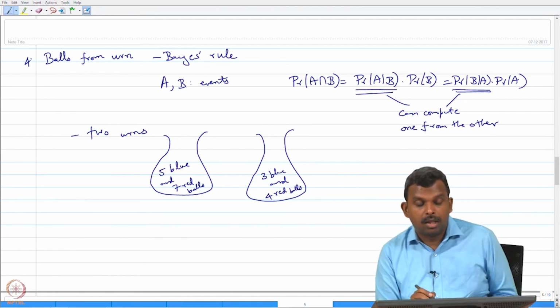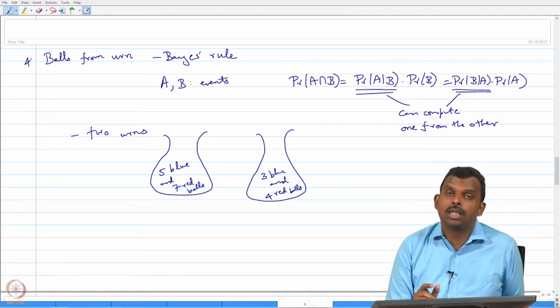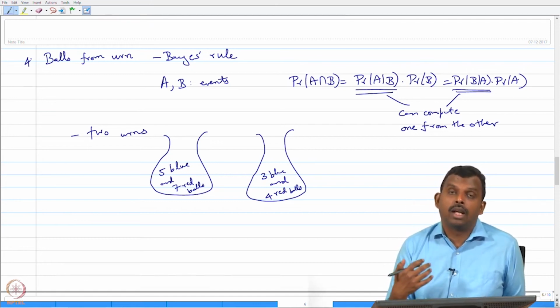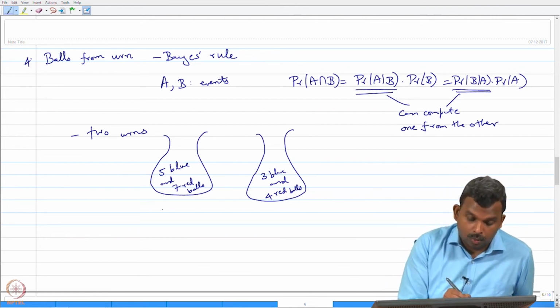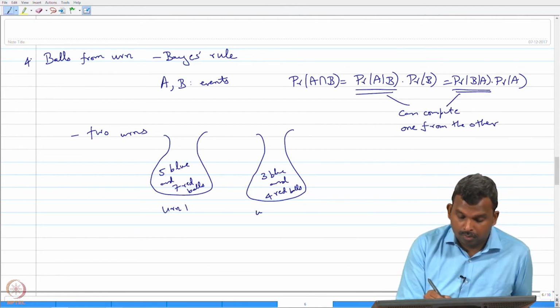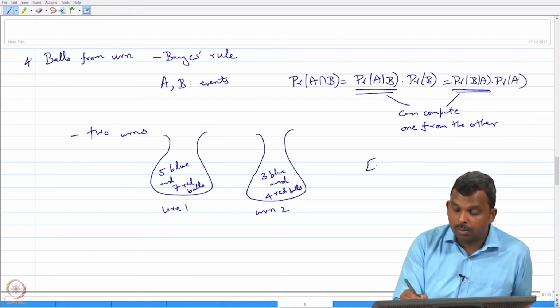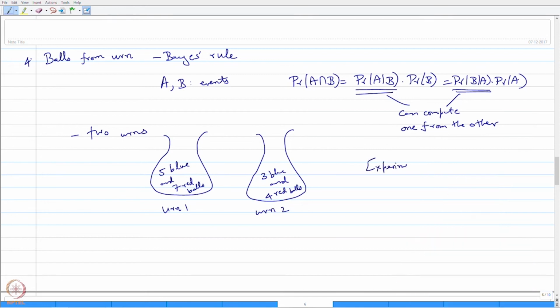Okay. Now, the experiment goes like this. There are two urns. I am going to pick any one urn at random. So, this is urn 1. What is my experiment? There are two steps in the experiment.